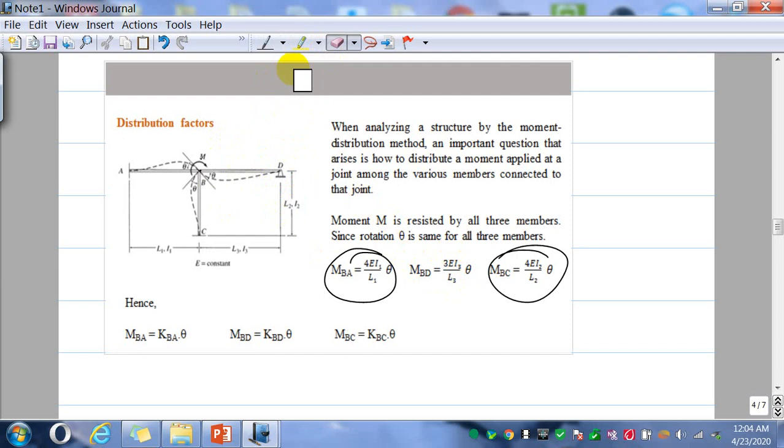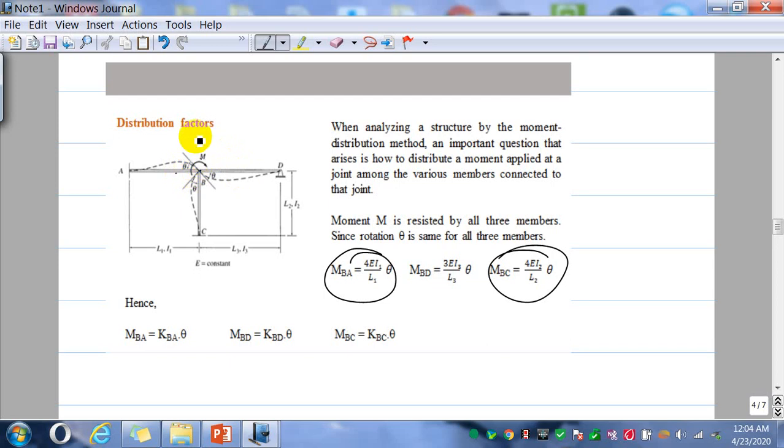If a rotation occurs here at theta, all three members will rotate by theta, but the resistance to the rotation is given by each member, and that may or may not differ.